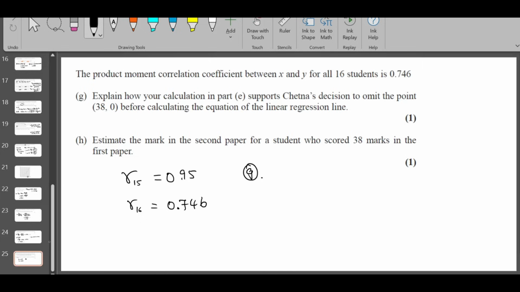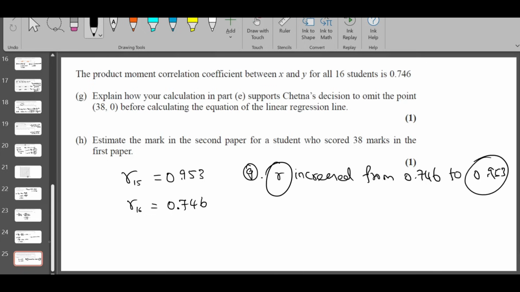Okay, the value of r increased from 0.746 to 0.953. What does that mean? The closer the value of the PMCC is to positive one, the stronger the positive correlation will be. So from 0.746 to 0.953, it increased. That means the points will be closer to the line of best fit.